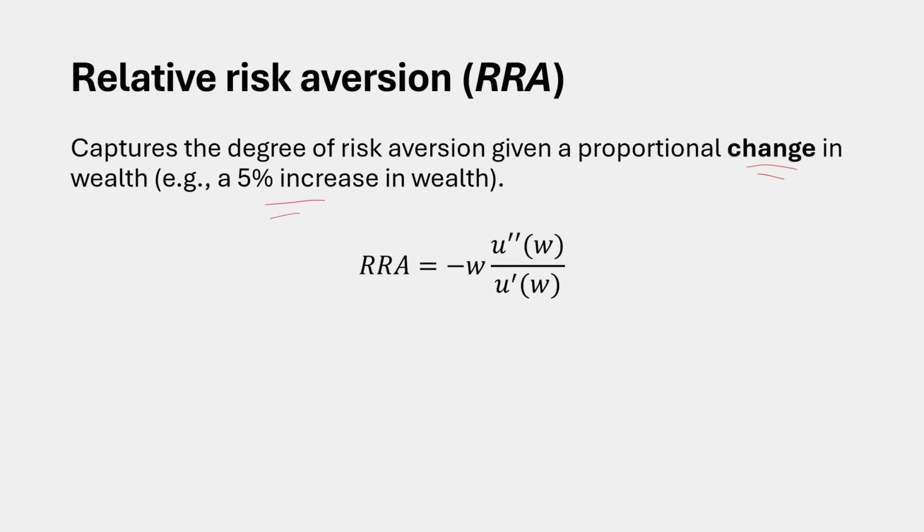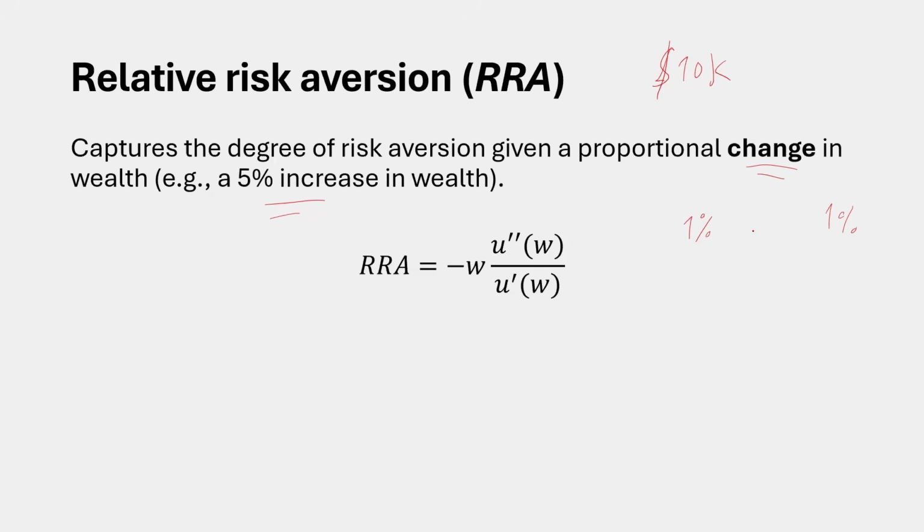Now, in the previous case, we said that if we are poor, we'll be more risk averse about losing $10,000 compared to a rich person. But how about we say, as a student, you face a choice where you might lose 1% of your wealth. And again, a millionaire faces a choice where he or she might also lose 1% of their wealth.